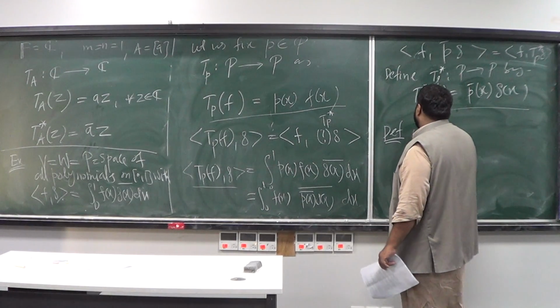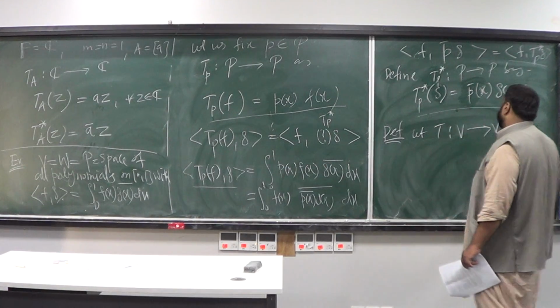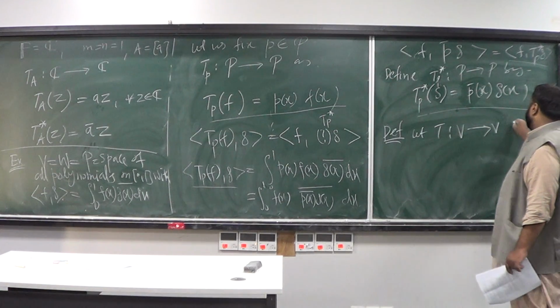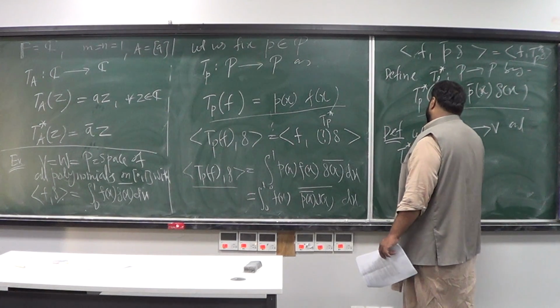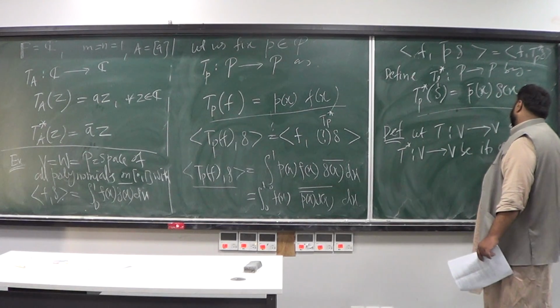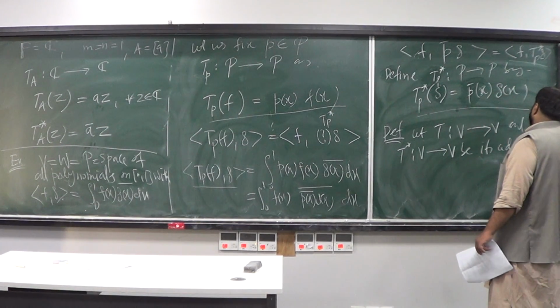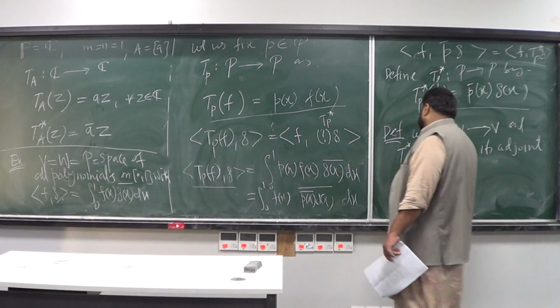So let T be a linear transformation from inner product space V to V, and T star, which is going to be another map from V to V, be its adjoint.